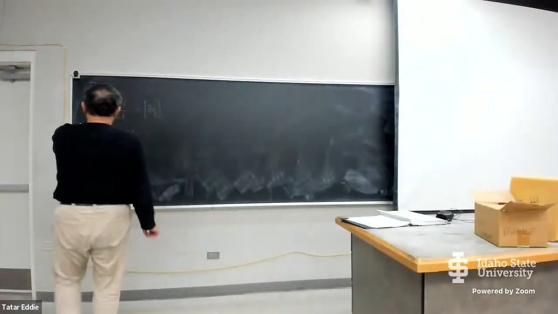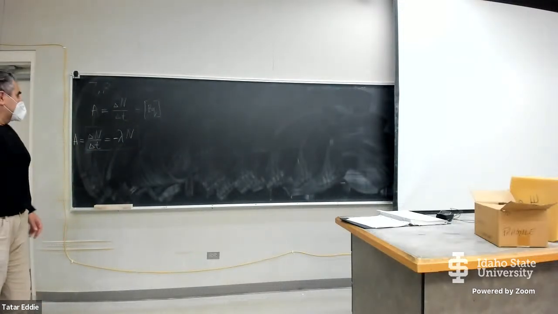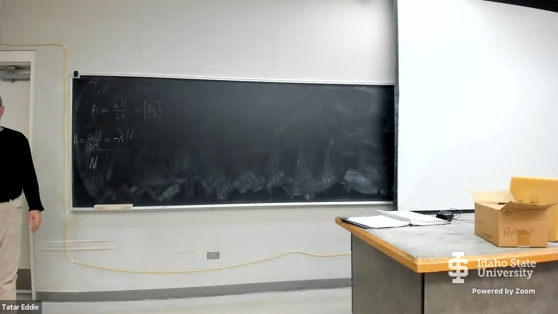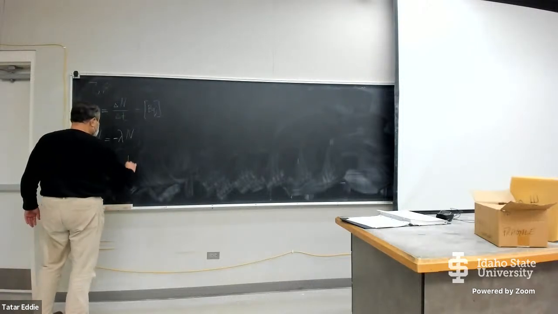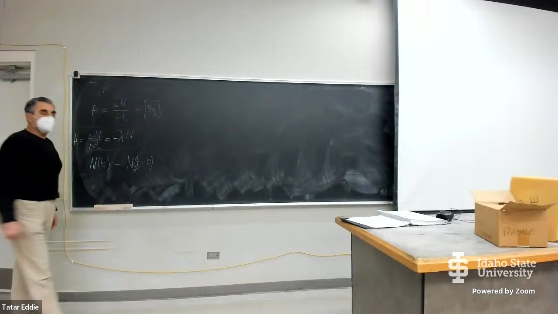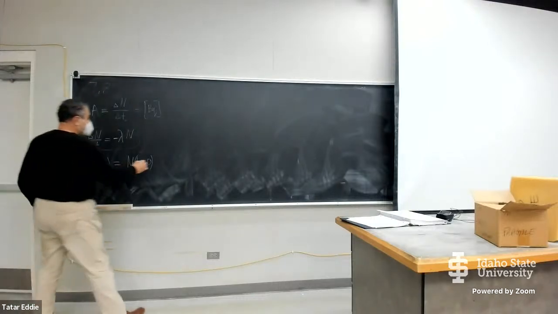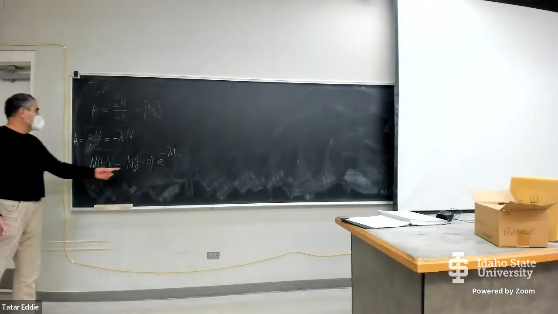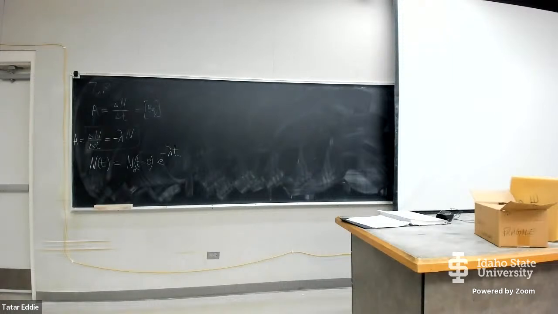From this expression, with a simple calculus, you can demonstrate that the number of remaining, not disintegrated radioactive nuclei at some moment of time t is equal to the number of the available radioactive nuclei at the initial moment of time, whatever that initial moment is for you, times e to negative lambda multiplied by the time between the initial moment of time and the moment of time you're counting the remaining radioactive nuclei.